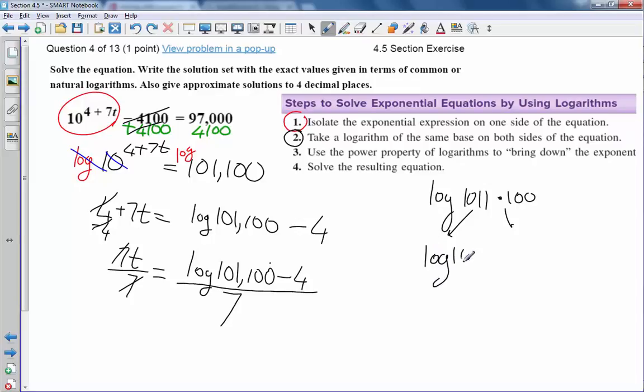Log 1011 plus log 100. 100 is 10 squared. Log and 10 cancel because they are the same base. And this thing is only 2.